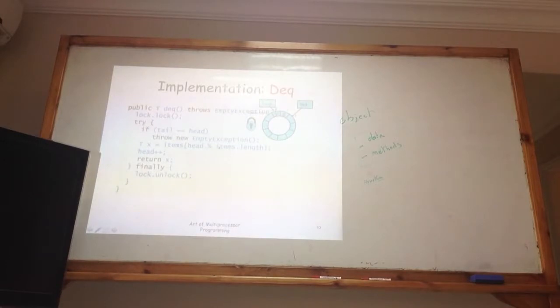If not, you take one item from the head. And as you can see here, head is always incrementing, so you always take the modulo. So it takes an element, increments the head to point to the next element, returns the x, and then unlocks. This is typical mutual exclusion.